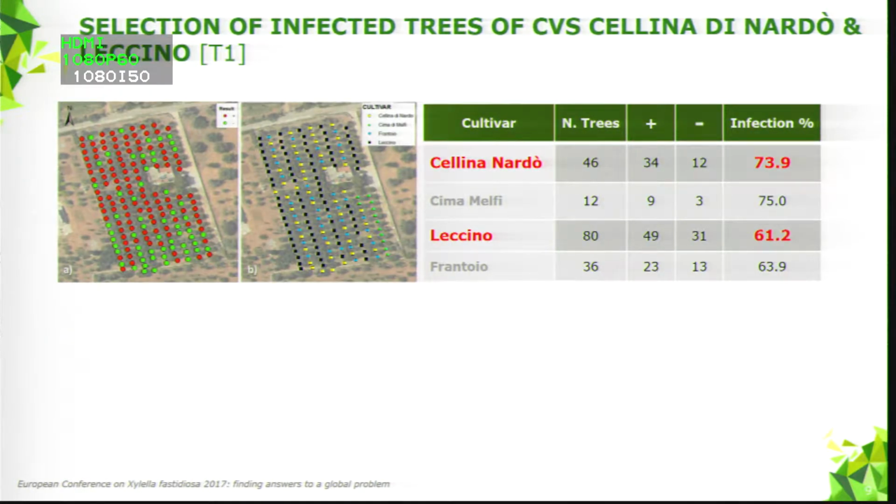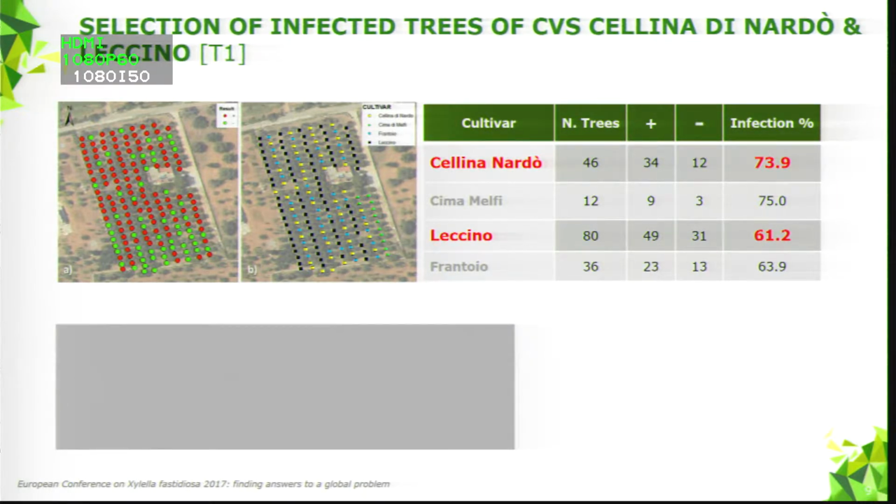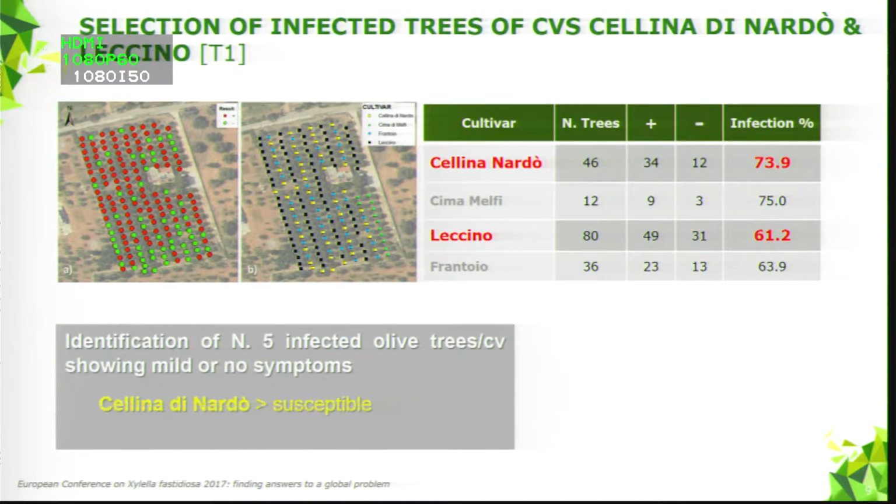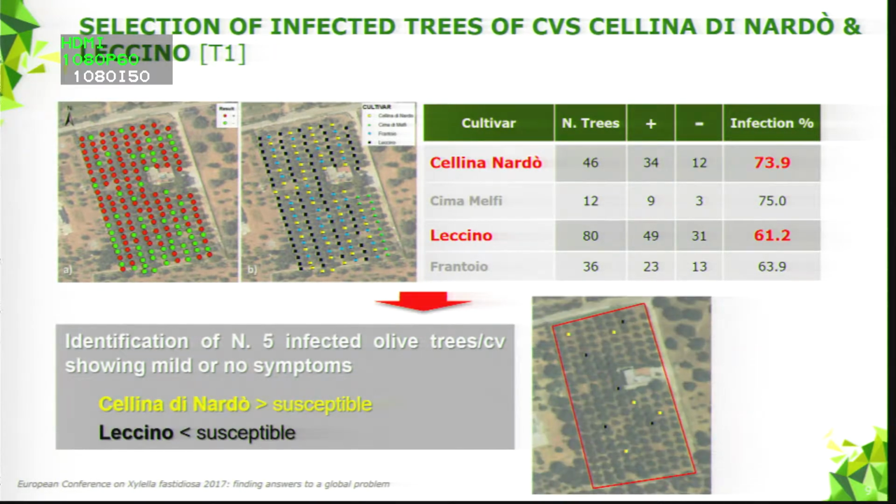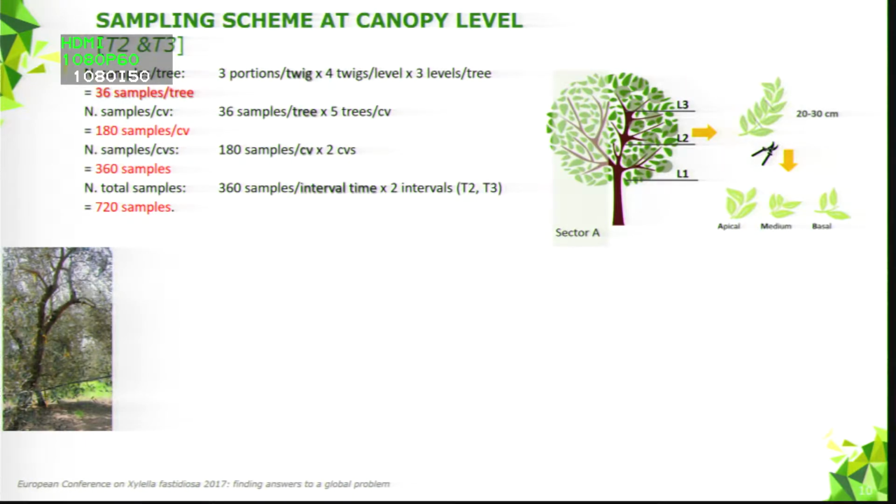So we decided to choose Cellina di Nardò as the most susceptible and Leccino, taking 5 plants each, with very low symptoms, I mean mild symptoms or asymptomatic.